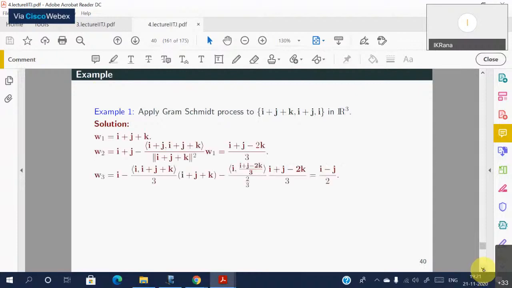I think probably this is the right stage to stop. So what I have tried to do today is, in part one, we looked at basis, dimension, and the rank-nullity theorem for matrices. And then we looked at linear transformations.